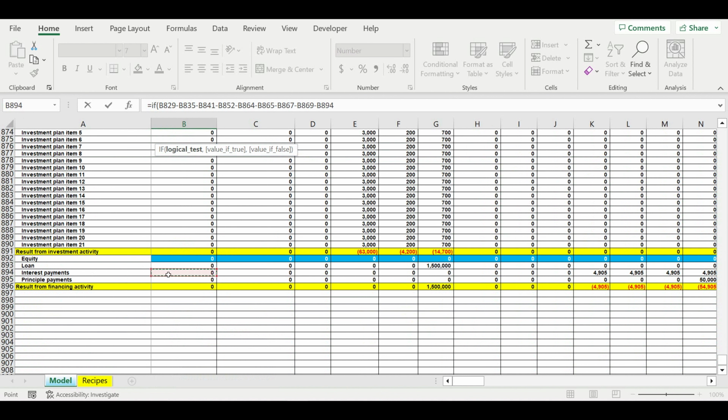So if this tax base is less than or equal to 0, we will put 0, otherwise we will take this tax base and multiply it by the tax rate. So profit tax.